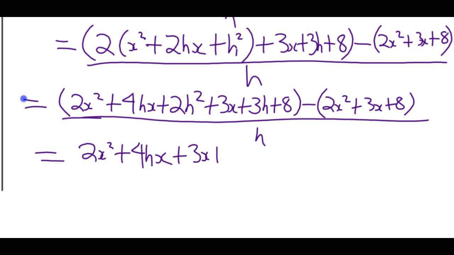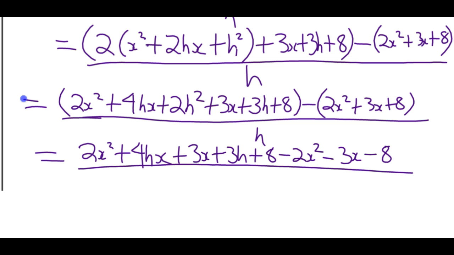Plus 3x plus 3h plus 8 minus 2x squared minus 3x minus 8 all over h. So now we just removed the brackets, and when we did that, we changed the sign of everything in the second set of brackets because there's a negative in front.